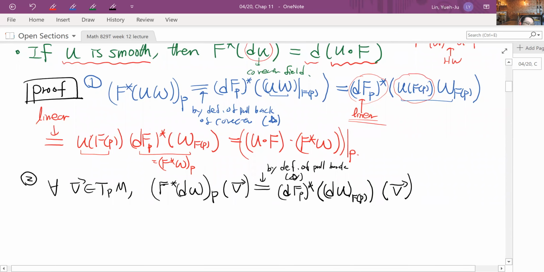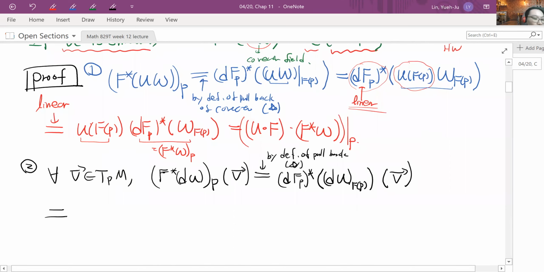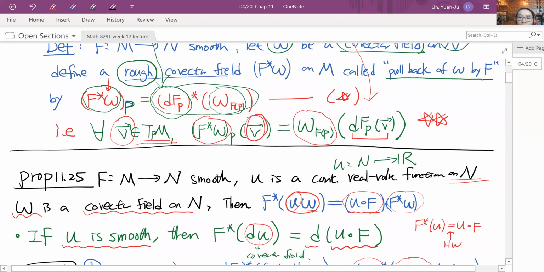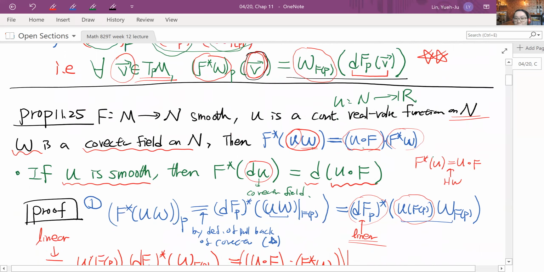Now let's see, from the above, this is what we actually have here. If you plug in the vector v, then this is as if you're taking the differential df of v, and then plugging into the original covector w.